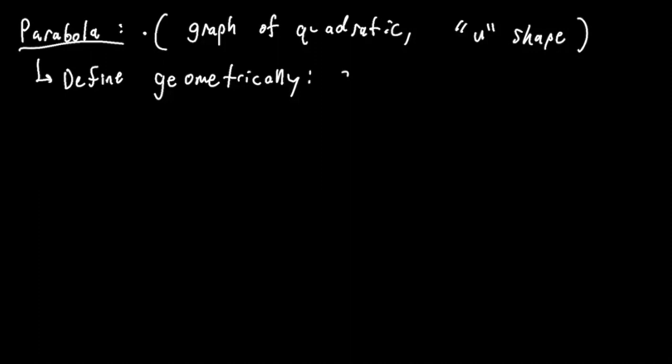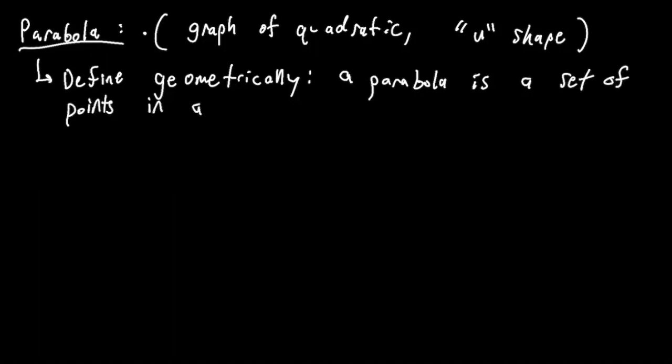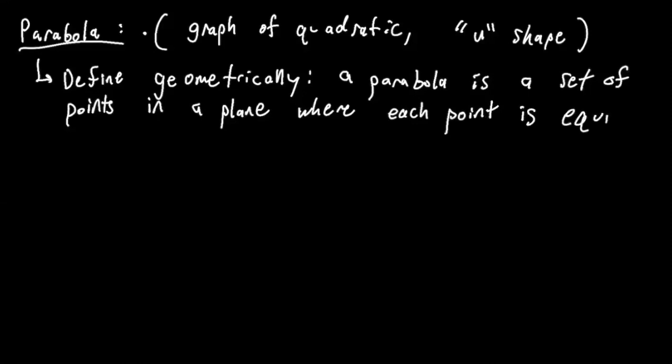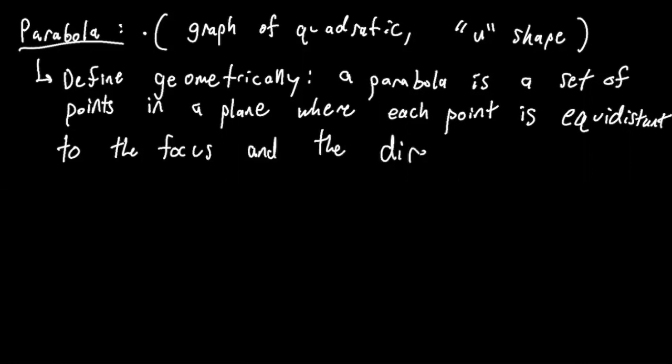So a parabola is a set of points in a plane where each point is equidistant to something that we call a focus, so to the focus of the parabola, and the directrix of a parabola.